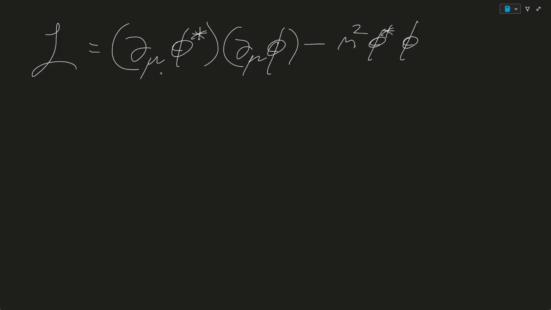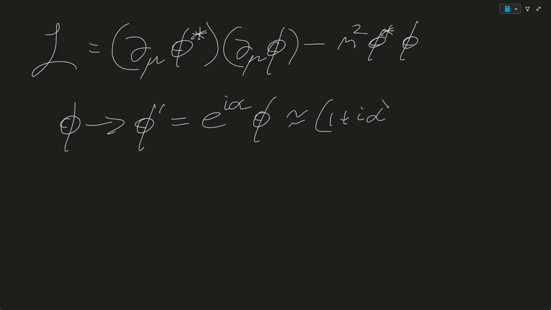So we'll rotate the phase of our field by some angle alpha. So we're going to have this transformation to phi dash, which is going to be e to the i alpha times our phi, which is our little rotation, and this is roughly 1 plus i alpha times phi, which is phi plus i alpha phi.